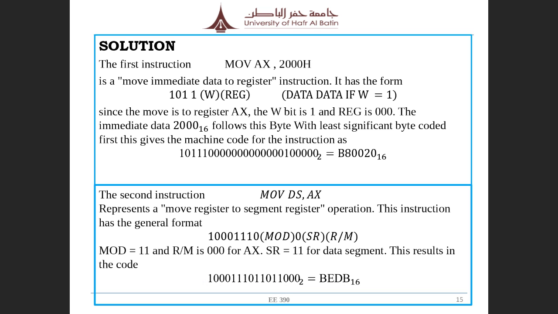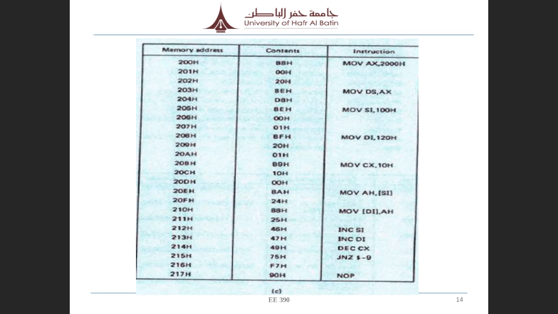So B8 is the first byte, stored at the initial memory location 200, then the second byte is 00, and the third byte is 20. That means it needs 3 memory locations for the first instruction.